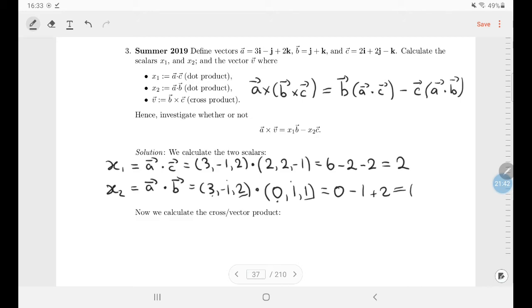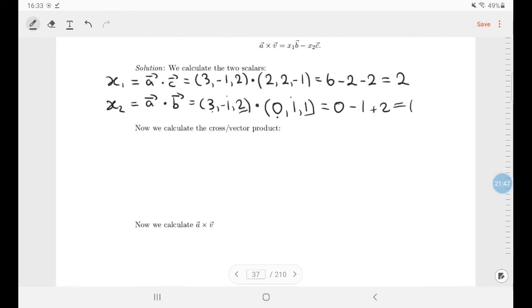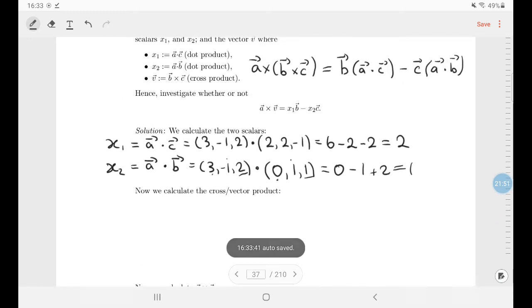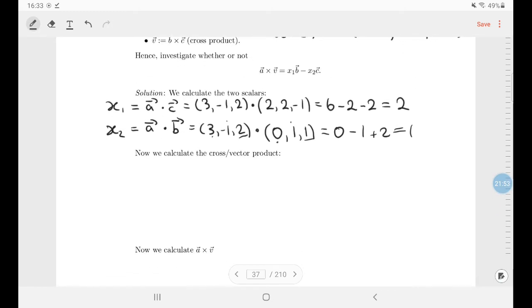And now what are we going to do? Oh, I'm going to calculate v next. So that's B cross C. So the vector v is B cross C. And how we do a cross product, we put them in this determinant, i, j, k.